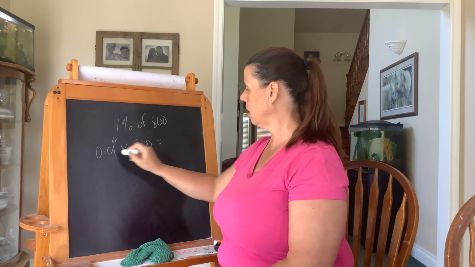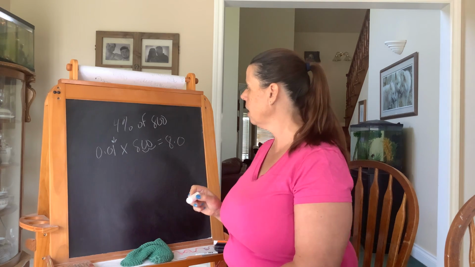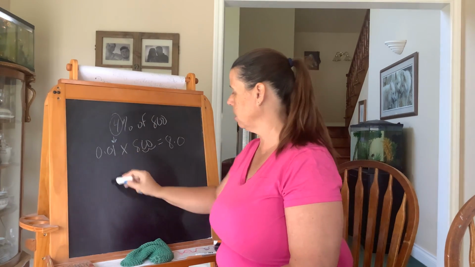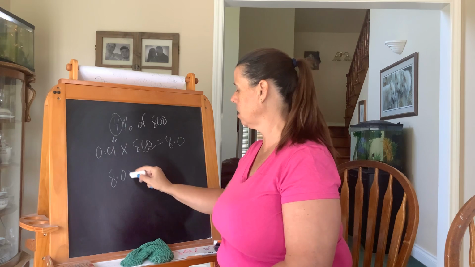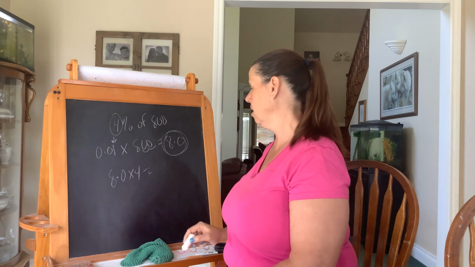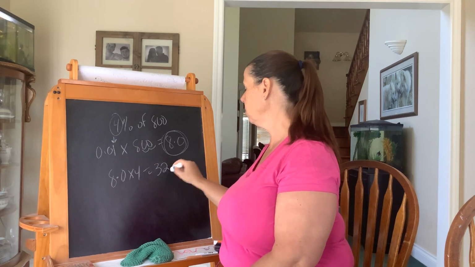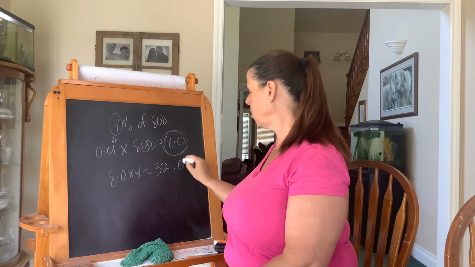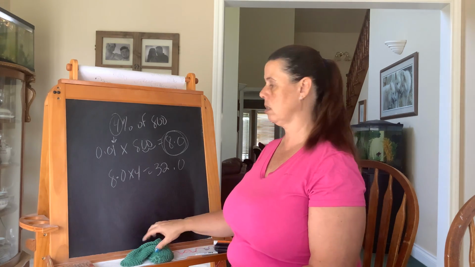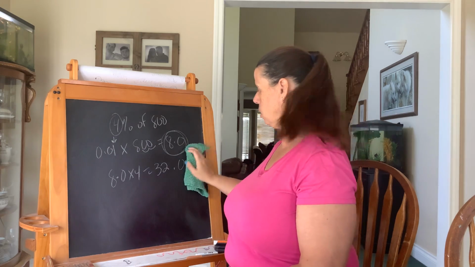So I got 2 decimal places, 1, 2, so it's 8 decimal 0, right? And now I need 4%, so I'm going to go 8 decimal 0 times 4. Because remember, this is only 1%. We need 4 of them. 4 times 8 is 32, so I would take 32 or I would take 32 decimal 0. Your choice. Okay? So 4% of 800 is 32.